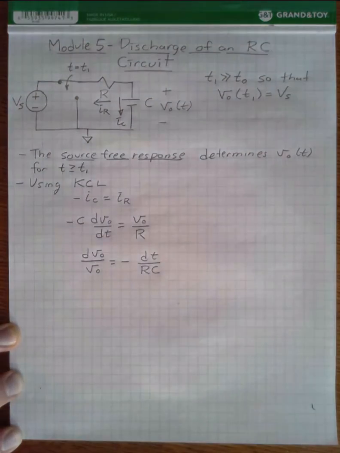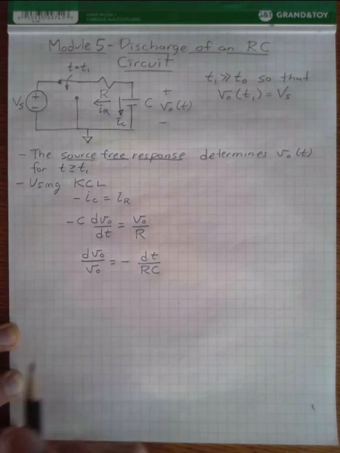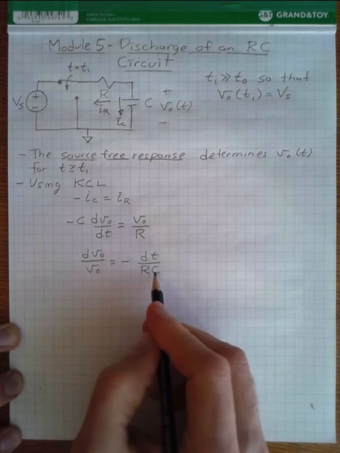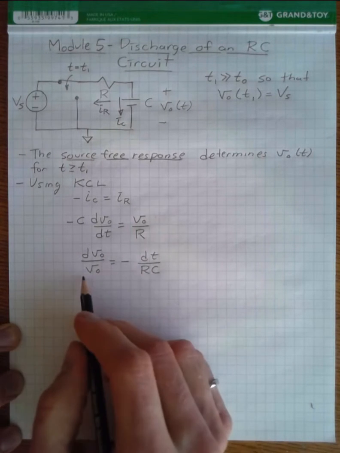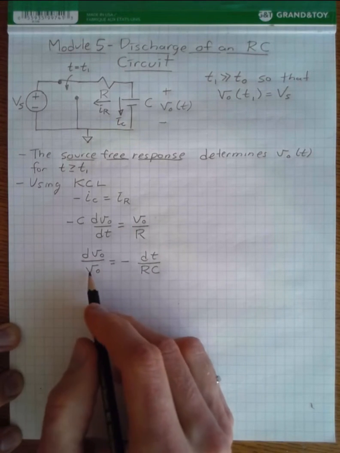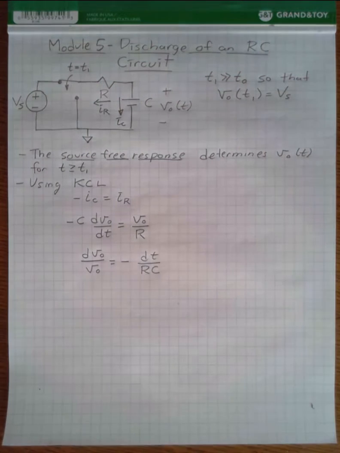If you compare this with your notes from the previous module, you'll notice that the right-hand side of the equation is exactly the same as it was for the step response, but the left-hand side of the equation is a little bit different. But we're going to use exactly the same approach to solving this differential equation.